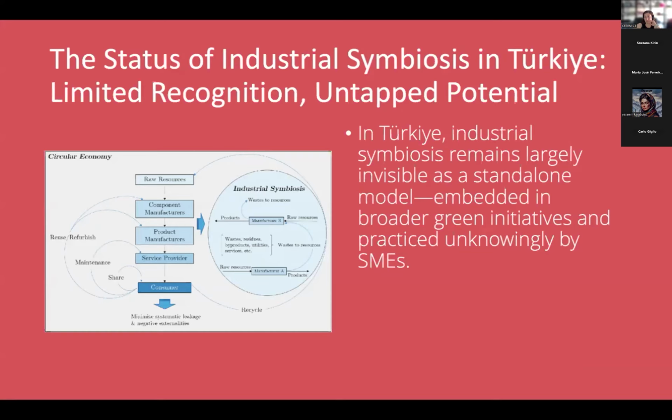And to be honest, this is just the last example that came into my head today. We see that the concept of industrial symbiosis, unfortunately, is still not fully known or sufficiently understood and implemented.